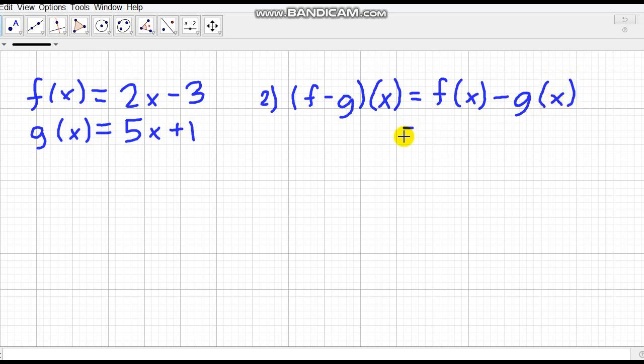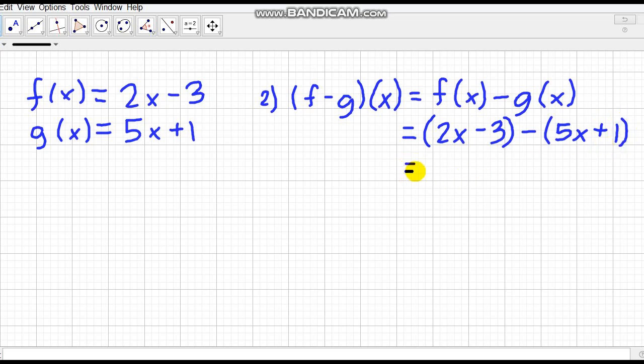So again, we substitute the f of x and g of x with its respective values. So this is 2x minus 3 minus 5x plus 1.